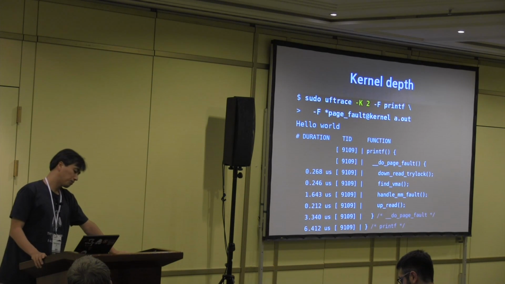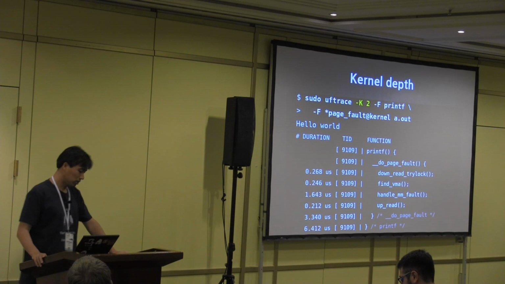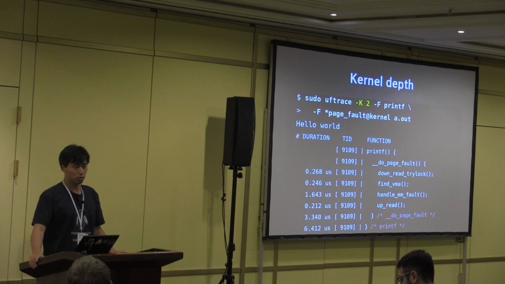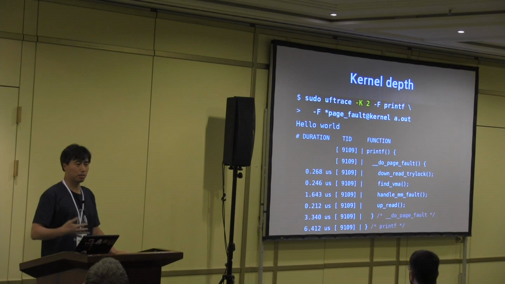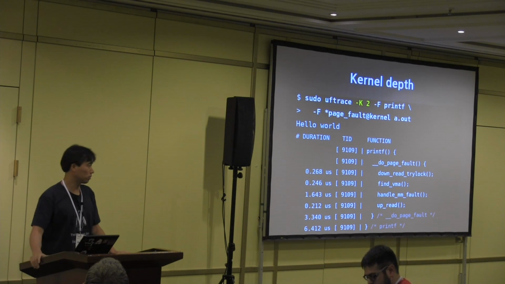Basically, kernel tracing just limits kernel functions to a depth of 1. Because I think it will be enough for most userspace programmers just to see the entry point and exit point of kernel functions.